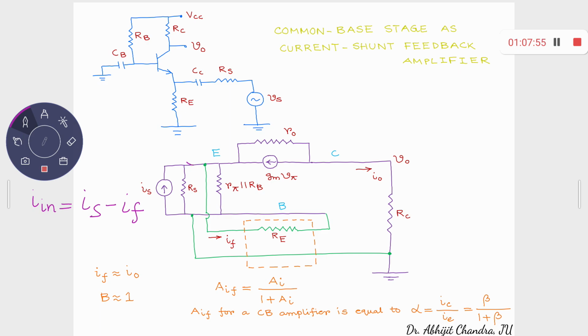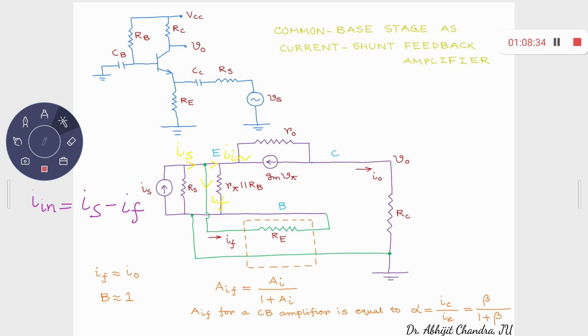This current is IS, this current is I in, and this current is IF. So if I apply KCL at this node, the input current plus feedback current is equal to the source current. So IS is equal to IF plus I in, or I in is equal to IS minus IF. So it's a negative feedback.